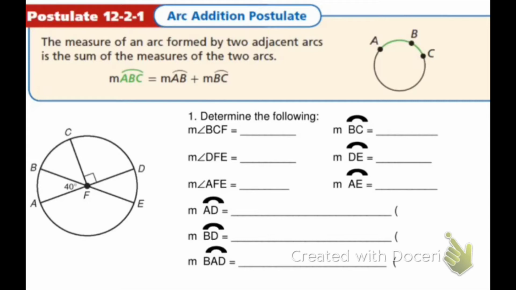Alright, so let's look at how to solve different questions like this. The last thing we need to know is the arc addition postulate, which states that the measure of an arc formed by two adjacent arcs is the sum of the measures of the two arcs.